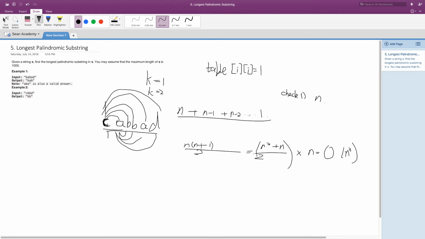But we can see that it is not a palindrome because the first one is not equal to the last one. So table[0][1] equals 0.